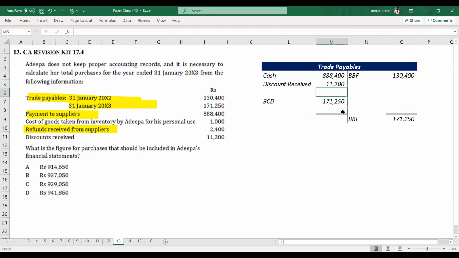Purchases. So we have these two new items.